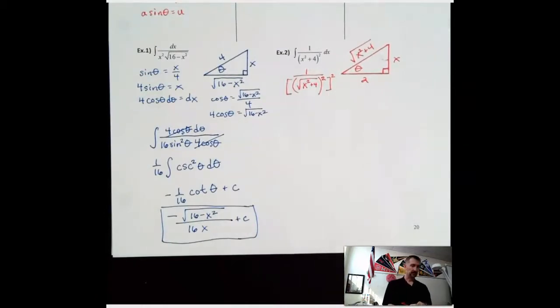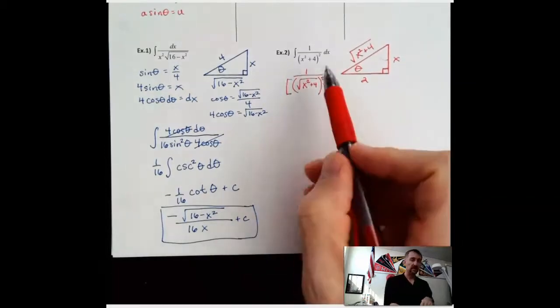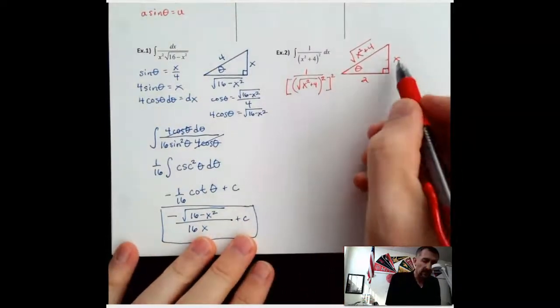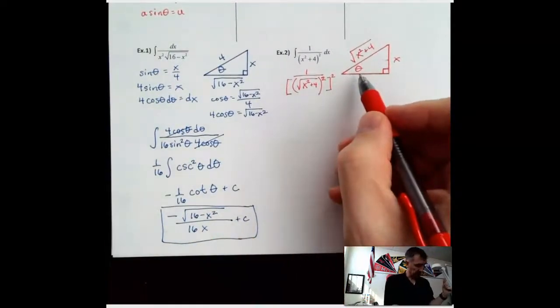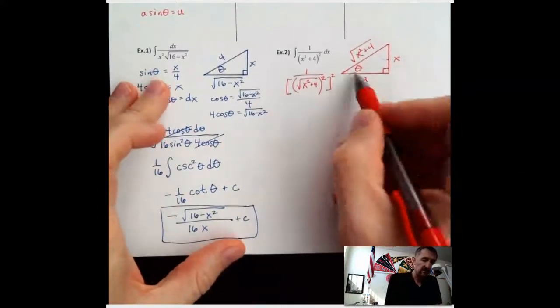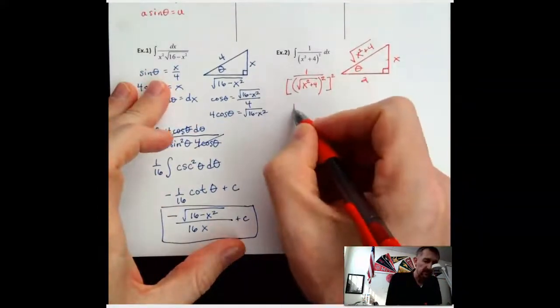Okay. So, what do we want to do here? We need to find out what x equals so we can find out what dx equals. So x, the easiest way to do x would be tangent. Trying to keep it as simple as possible.